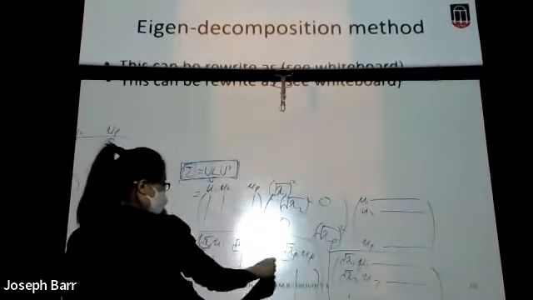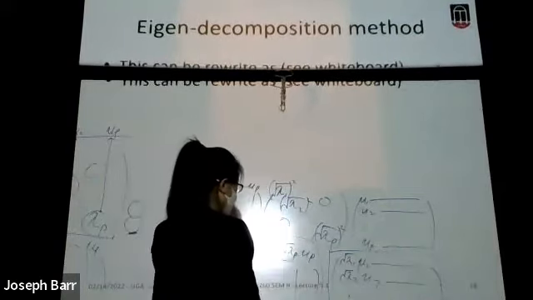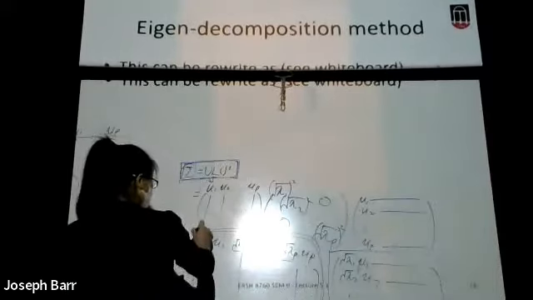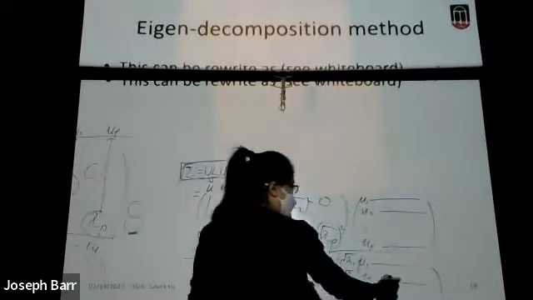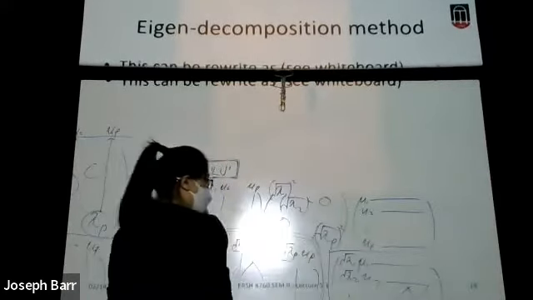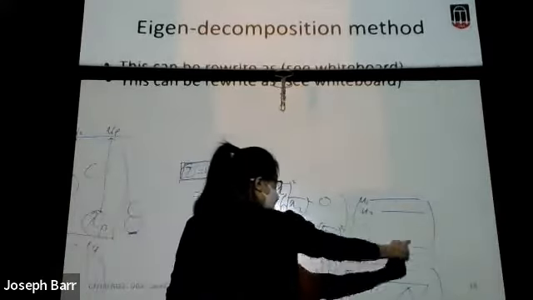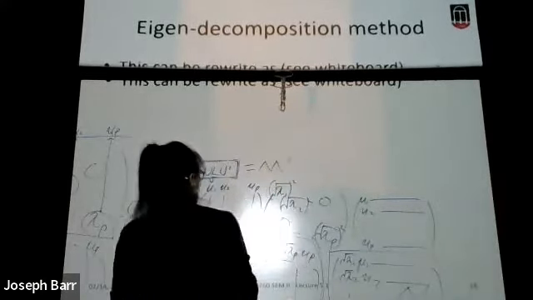But here we have columns, here we have rows. So this lambda is just the transpose of this lambda. If we call this whole matrix lambda, then this is just the transpose of lambda. So we have this one.